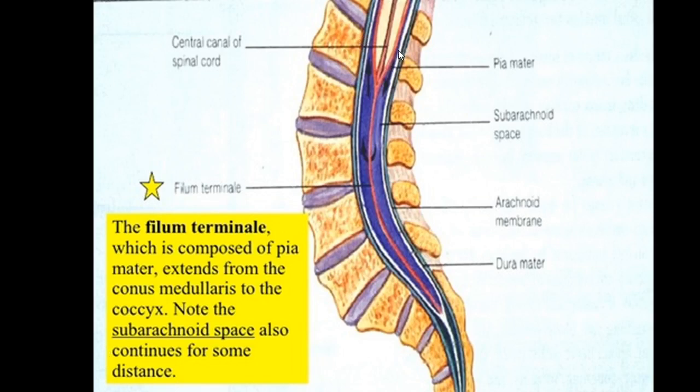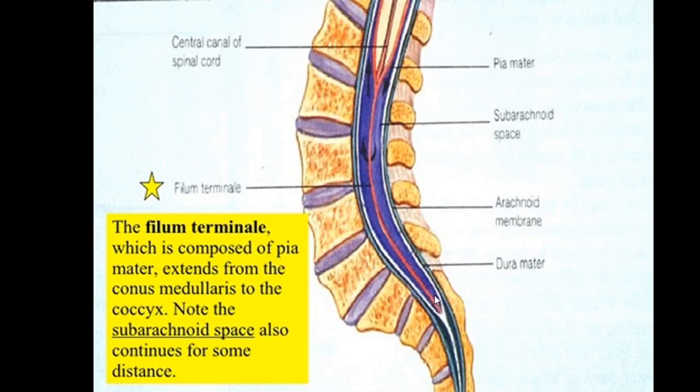Here you can see the conus medullaris, the spinal cord surrounded by the pia mater, and here you can see the filum terminale. You can appreciate that subarachnoid space extends up to the filum terminale internum, which ends at the level of S2 vertebra.